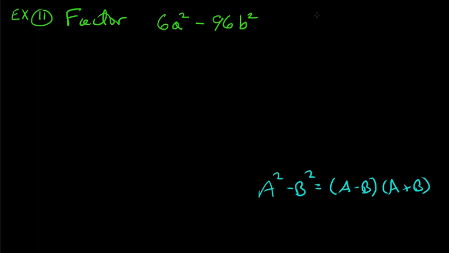The GCF is 1 and that's it. But the GCF is not 1. The GCF is 6. 96 divided by 6, right here, is 16. Right? So that means we can factor out a 6.